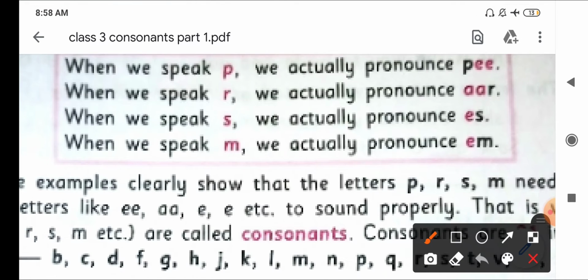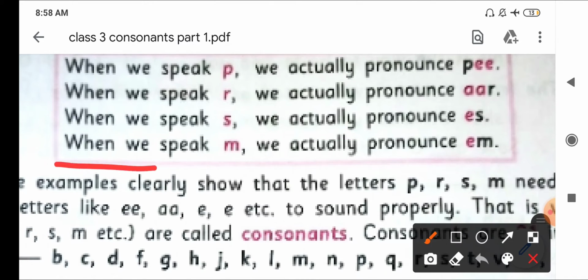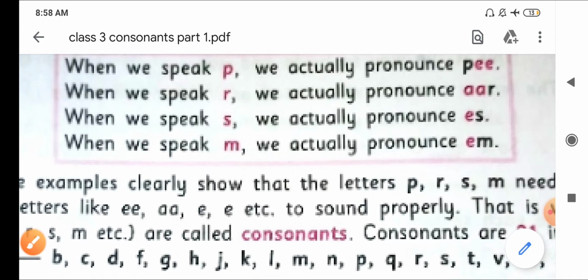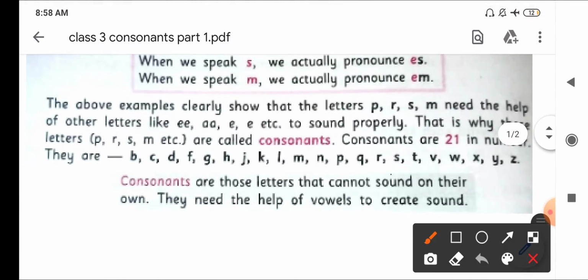Likewise, when we speak S, we actually pronounce it as "es." Then when we speak M, we actually pronounce it as "em." Understood? So such letters which need the support of another letter are called consonants.